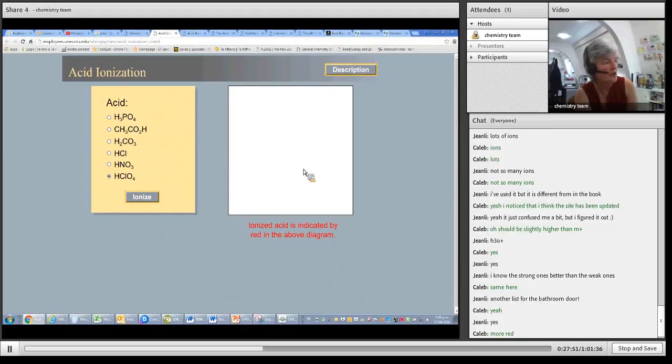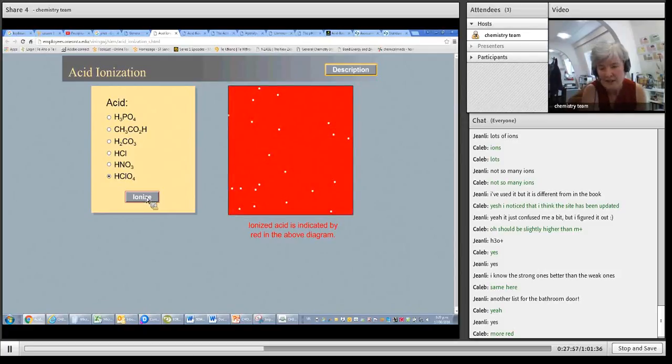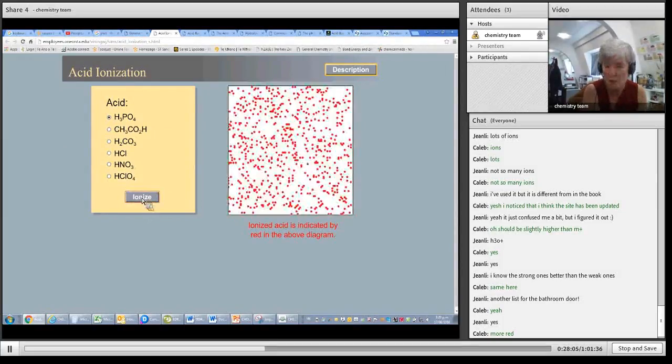Okay, compare phosphoric acid. If I ionize that, it's like the opposite. In fact, most of it has not ionized, because we can see quite a bit of white there, and not very much red. Ethanoic acid, if I looked at that, that's an even weaker acid, because notice there's even fewer hydronium ions.